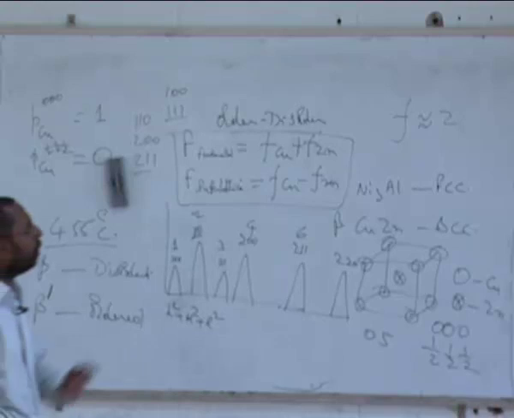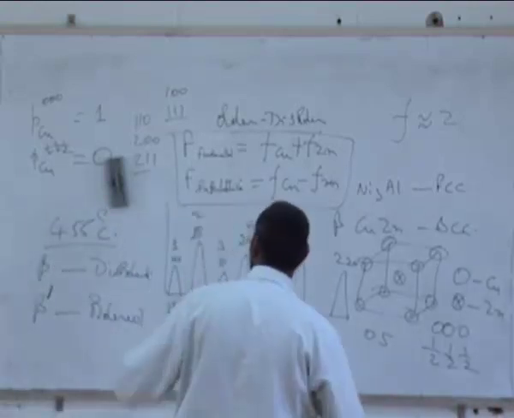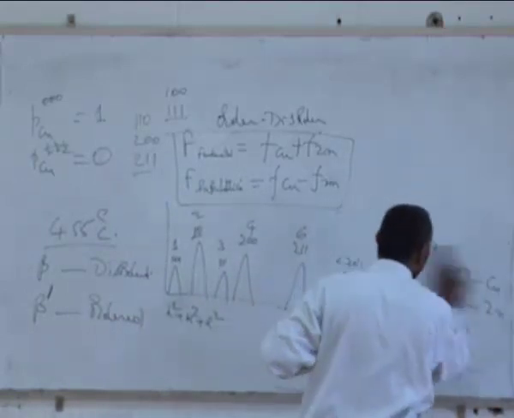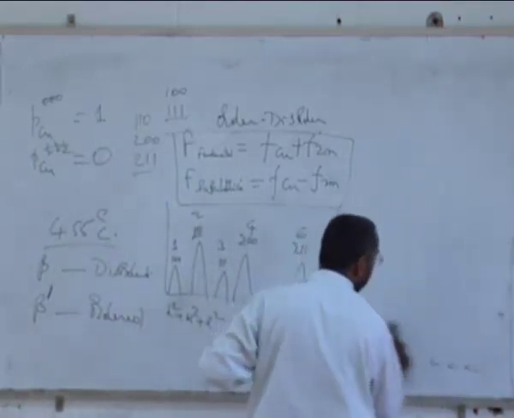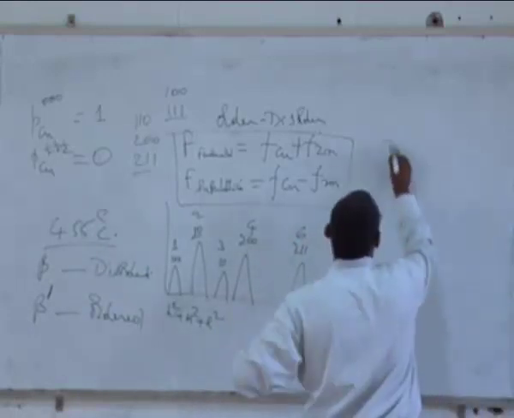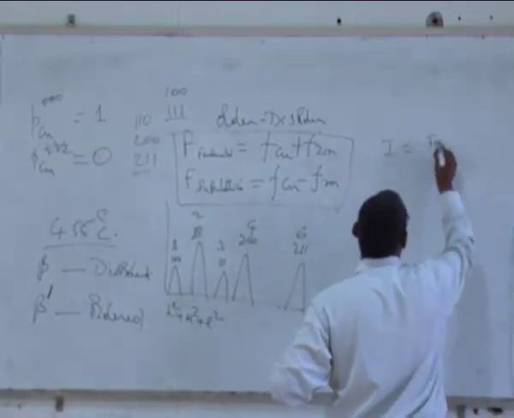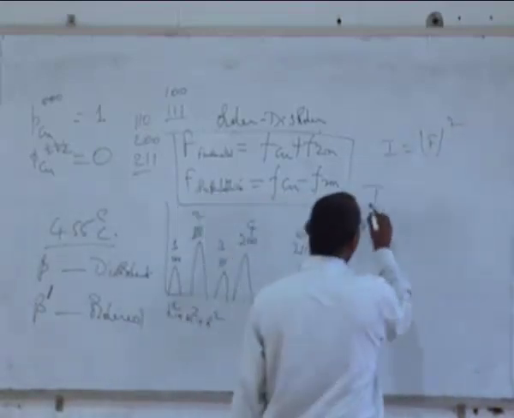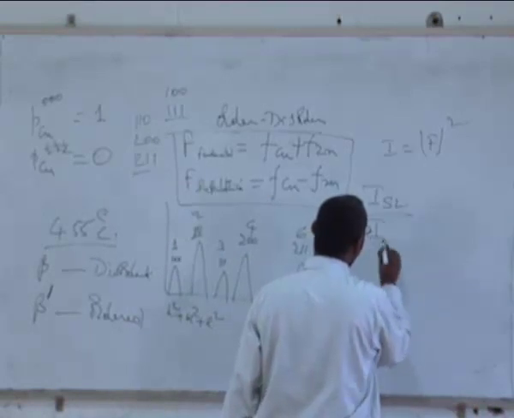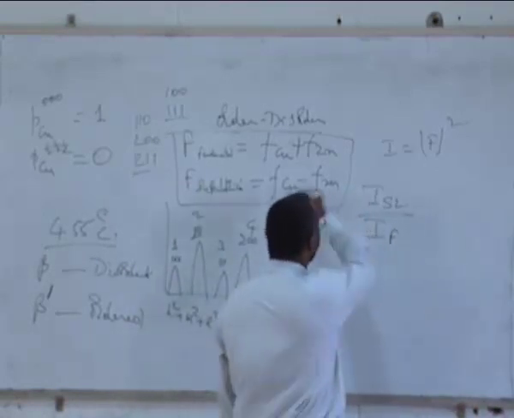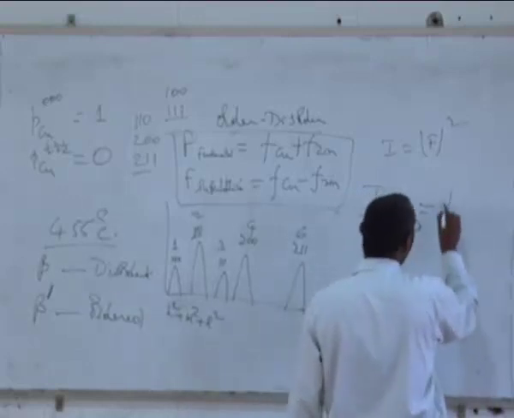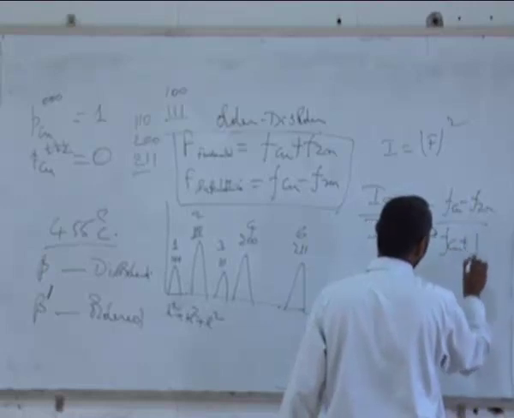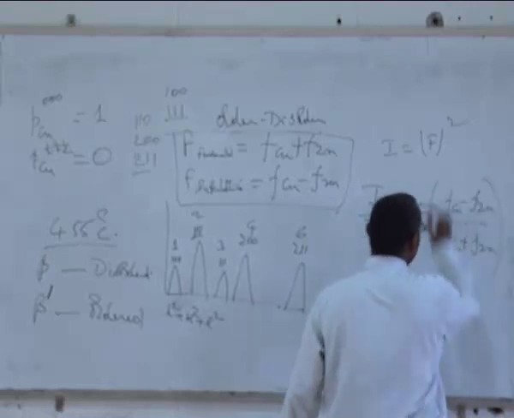Okay. So now the problem that comes is that if this is the case, because I just now said that the intensity of the peaks is always the square of the structure factor. If I look at the intensity of a superlattice reflection divided by the intensity of the fundamental reflection, in this particular case, it is always f of copper minus f of zinc divided by f of copper plus f of zinc whole square.